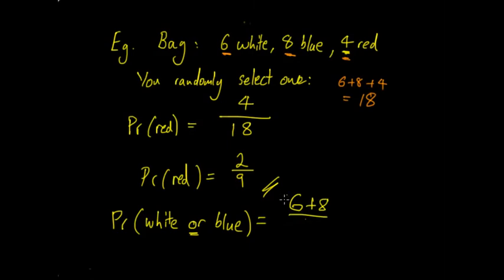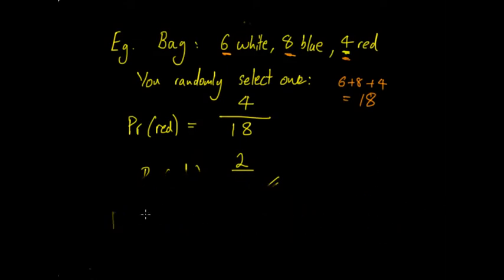So we need to include them both, and then divide it by the total. And that gives us 14 over 18, simplifies to 7 over 9. So you can work out any other question in which there's equally likely by doing this, and we'll do some later techniques to graph it and to do some more complicated questions.